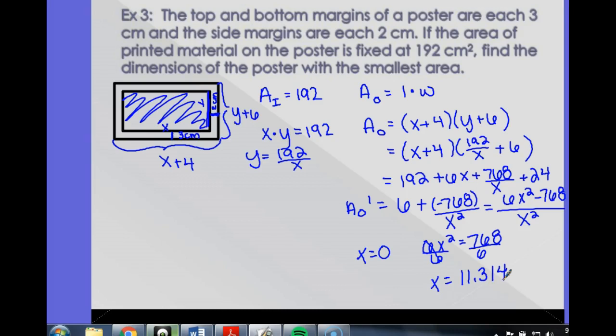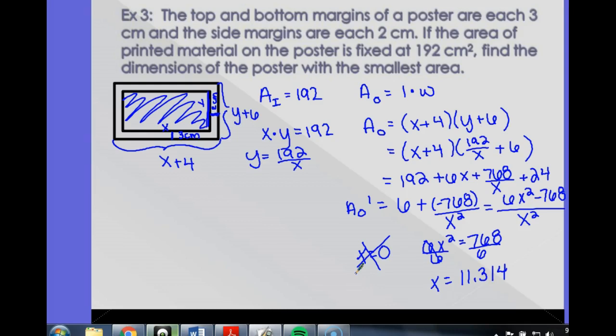So we get x equals 0. Is it logical for the length of a poster to be 0? No. So obviously that answer is not accurate. You cannot have a length of a poster as 0. So the only valid critical point is 11.314.